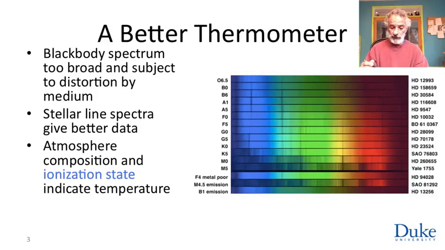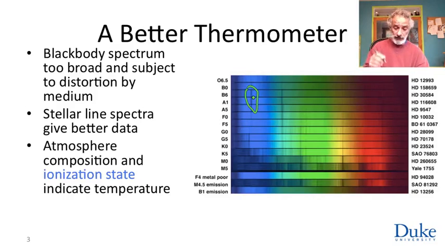And if you notice, there are spectral lines that are very prominent, say, in this region between the B's and the A's, but almost absent in the O-type stars and then disappear again in the F stars. This, for example, are the spectral lines of hydrogen. These are Balmer lines of hydrogen.